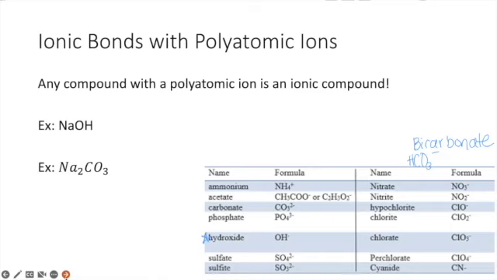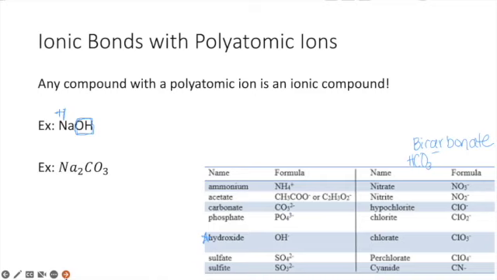Bonds with polyatomic ions work the same way as ionic bonds, right? If we were to go to the periodic table, we'd know that sodium is a +1. But here's the thing: I want to be able to identify that these elements are sitting together, and I don't want to go grab oxygen's charge and hydrogen's charge.